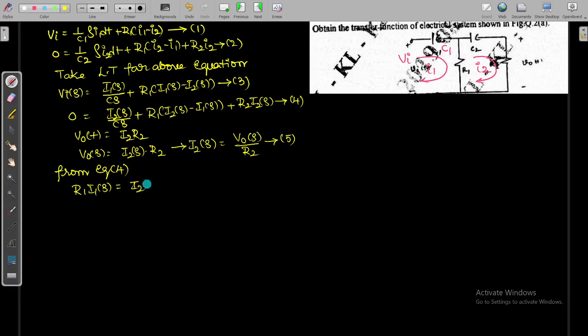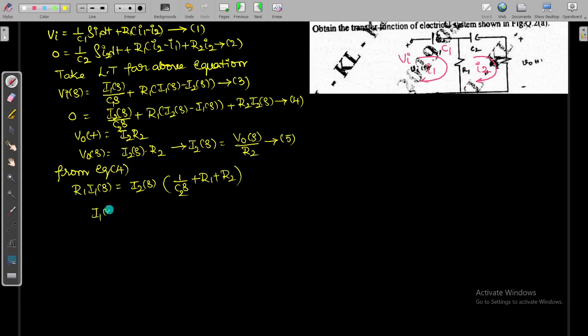I2 of s completely you are going to get as 1 by C2s, sorry, here also C1s, I forgot. So, C2s and plus R1 plus R2 you are going to get. This is the I2 of s.